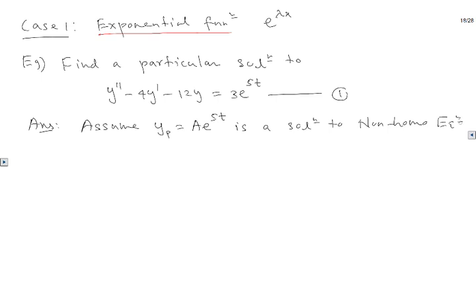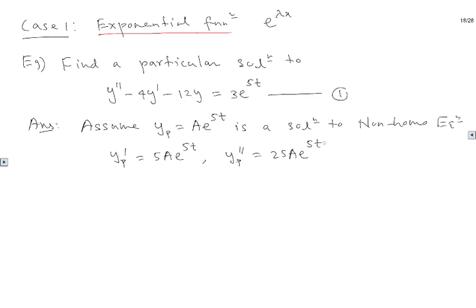So that's the undetermined coefficient. The a is the undetermined coefficient. The goal is to find it. So what do you do? Take the derivative. yp prime is 5a e to the 5t, and then yp double prime, you take another 5, so 25a e to the 5t.